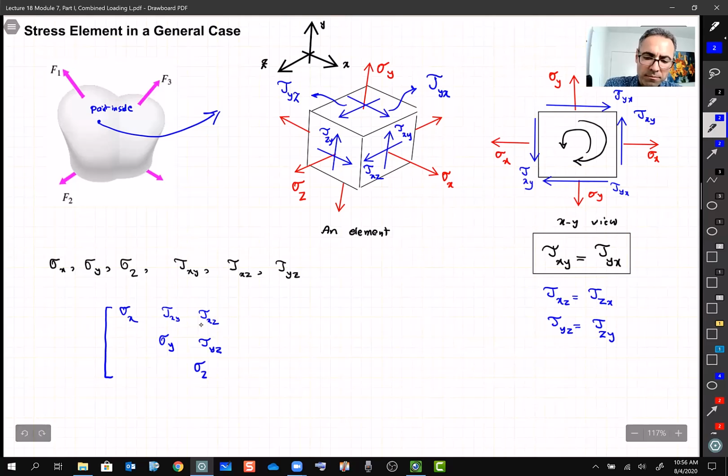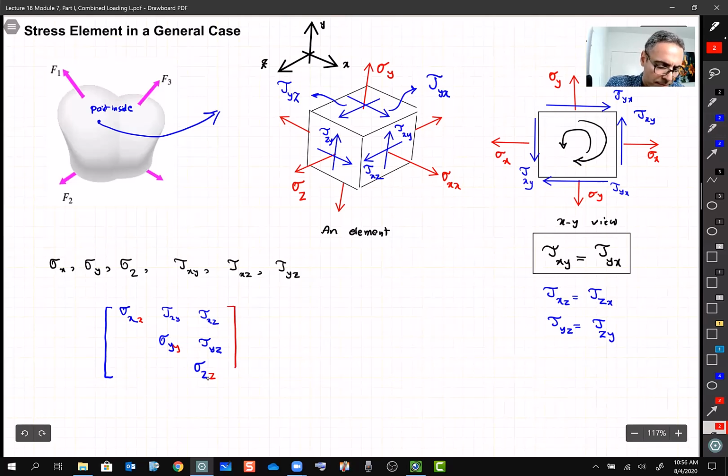Some people try to be more meticulous and, let's say, more fancy. They even put an x here, sigma xx, sigma yy, sigma zz. Because in fact, on this element, with the same concept that we said here, this sigma x is on a plane of x and its direction is x, sigma xx. But in this course, we just keep things simple and just write down sigma x, sigma y, and sigma z.